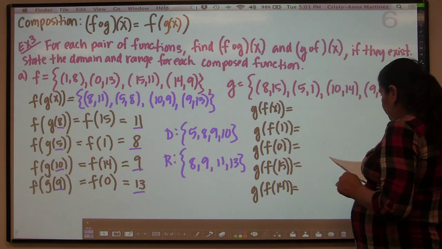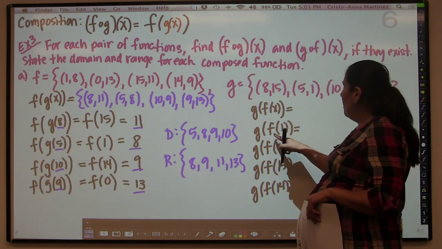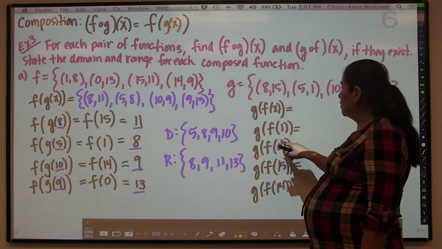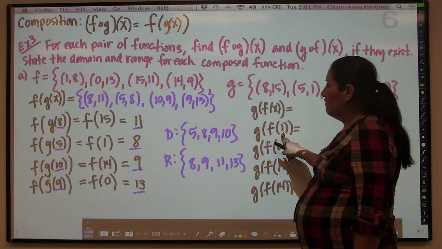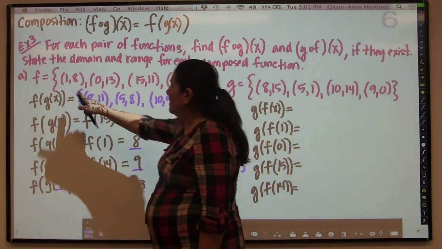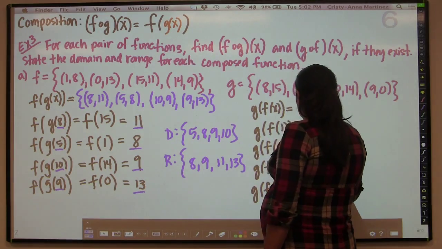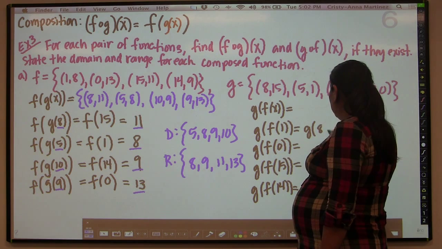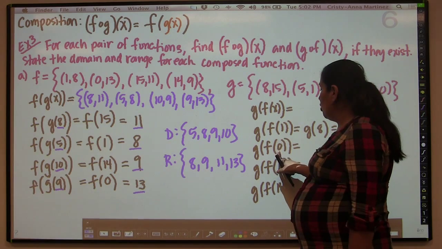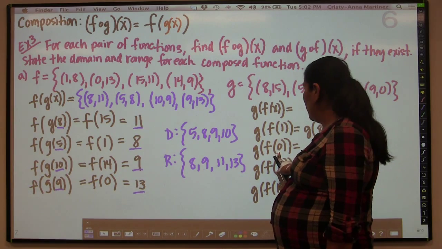So now we're going to do f of 1, just like we did with the other function. I want to know what is the value of the f function when x is 1. The value of the f function when x is 1 is 8. So I'm going to replace the f of 1 with 8. F of 0 means what is the value of the f function when x is 0.